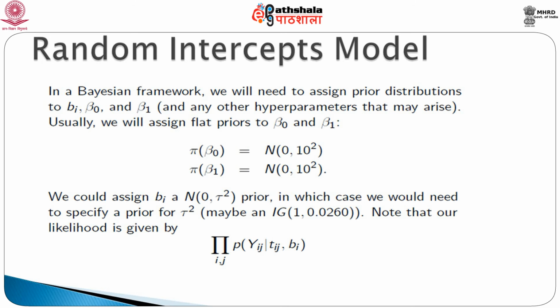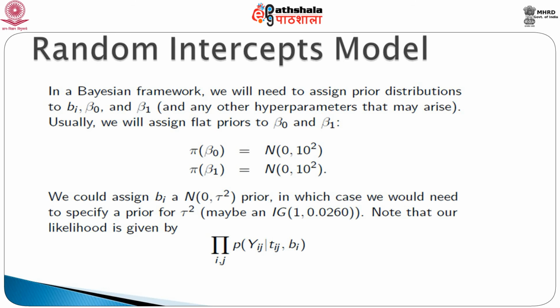So the reason for considering the prior for beta naught and beta 1 to be normal is now clear, because the variance is taken as large as possible, so that it reduces to a flat prior. We could assign the prior for bi to be normal(0, tau squared), in which case we would need to specify a prior for tau squared, maybe an inverse gamma(1, 0.0260). Once again, this choice is because the variance comes out extremely large, so that it ultimately reduces to a flat prior.